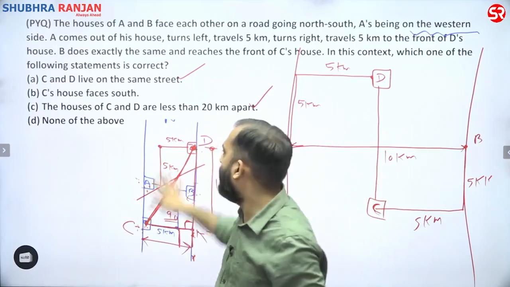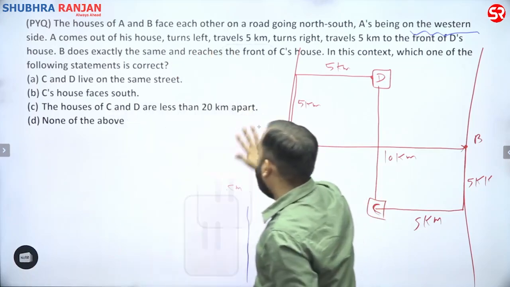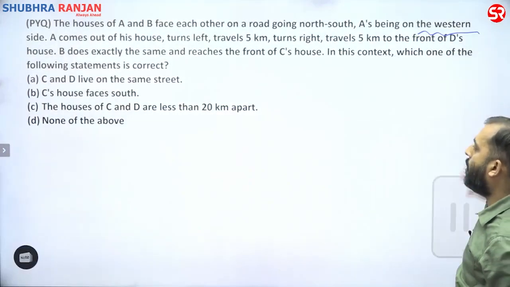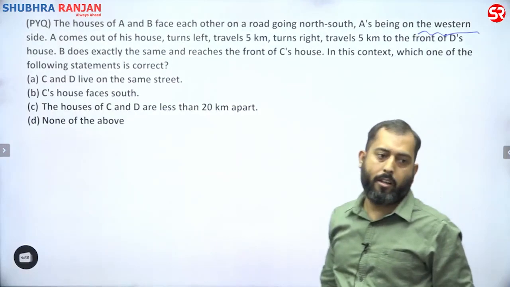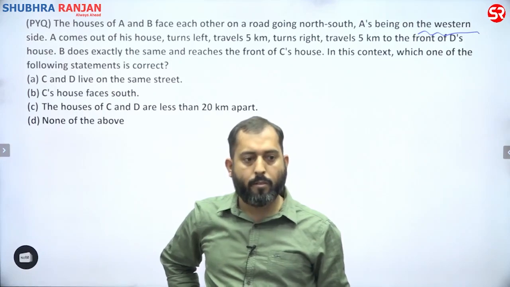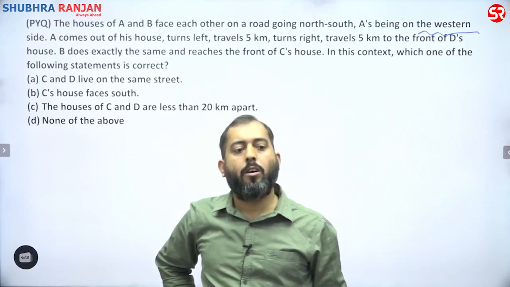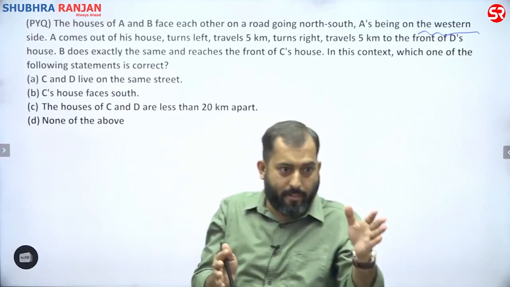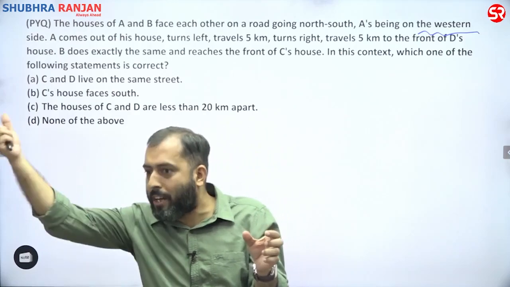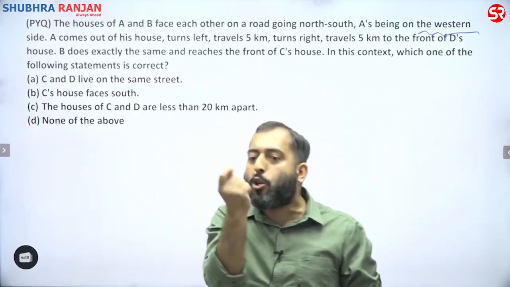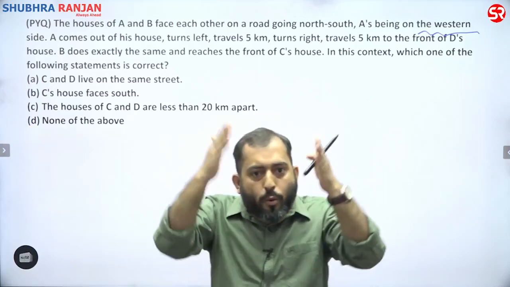Agreed? Okay. If the distance between D and E is 10, and A and B's left turns are 5 each, in that case the total is 20. So, like syllogism, we have different possibilities. As per different possibilities, different answers are possible, but the true answer is the one which is true in every case.